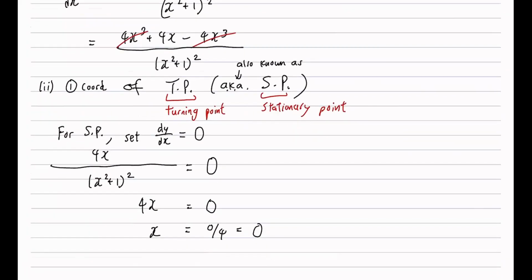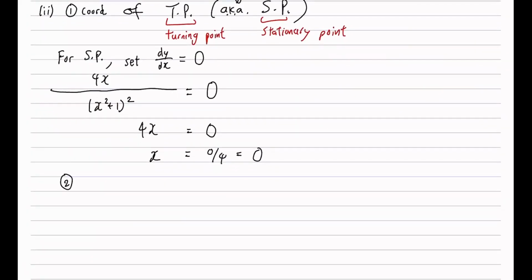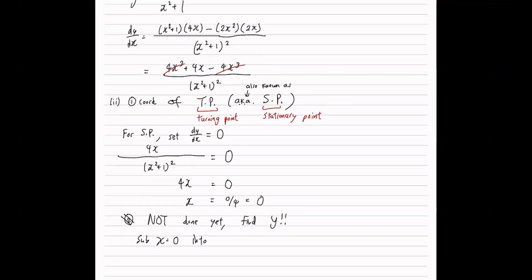Okay. So step 2, determine the nature of this turning point. Sorry, turning point coordinates are not done yet, because we sub x equals 0 into the curve they give.